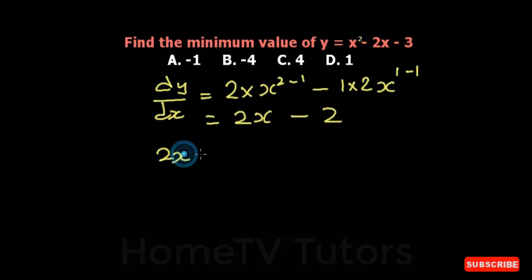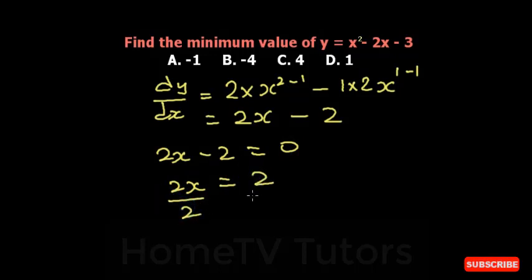So now we have 2x minus 2 equals 0. 2x equals 2. 2 divided by 2 is 1, so x is 1. So the answer option D is the right answer.